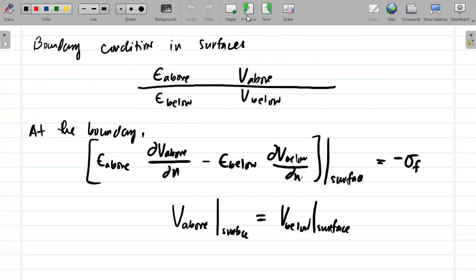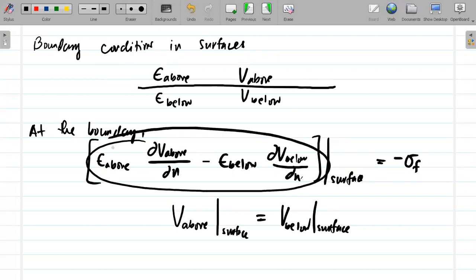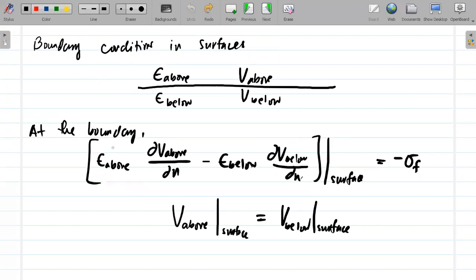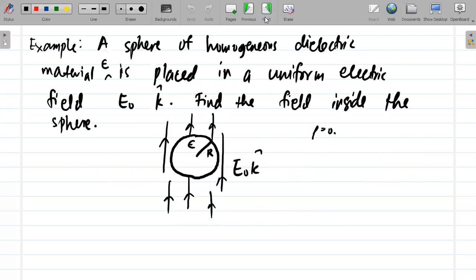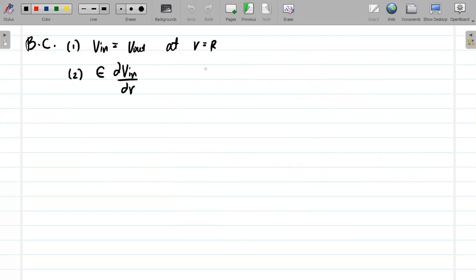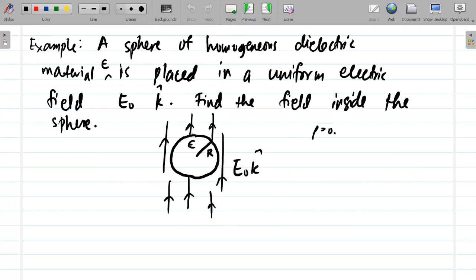So, epsilon partial V in, partial R. Class, tignan nyo yung boundary condition natin. E above minus E below at the surface equals negative sigma. Now, E above, that is vacuum pala. Di ba vacuum yung above? Epsilon not yung above, tas epsilon yung loob.